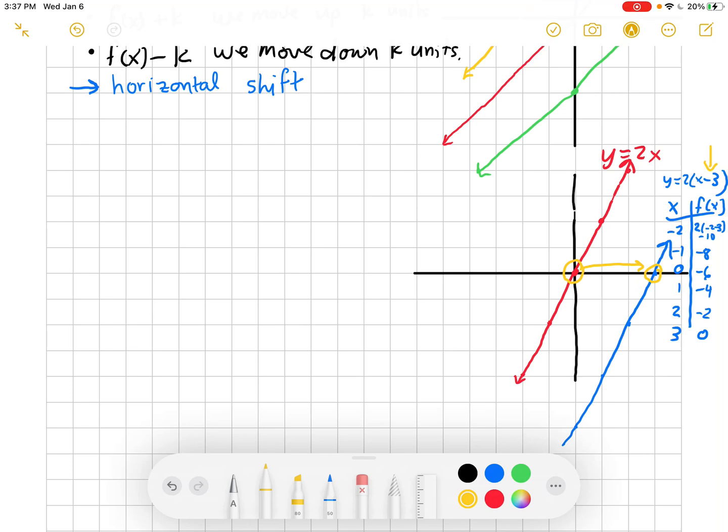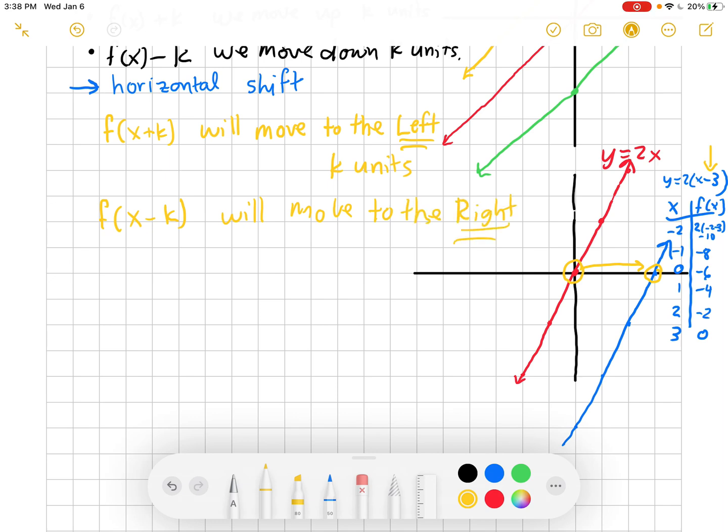Generically, it's going to look something like this. f of x plus k will move to the left k units, and f of x minus k will move to the right k units. It's a little counterintuitive. However, with a little bit of practice, I'm sure you can get more used to it.